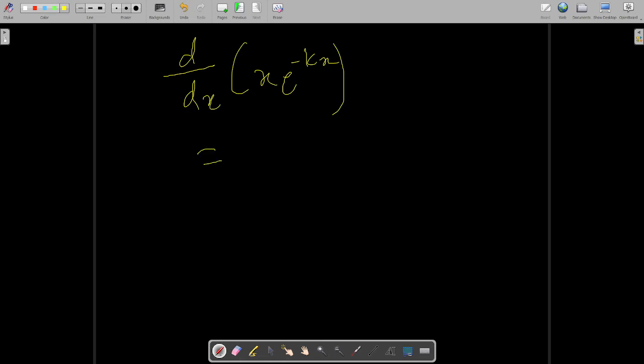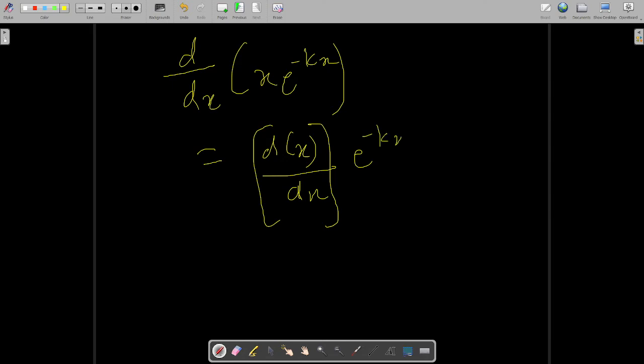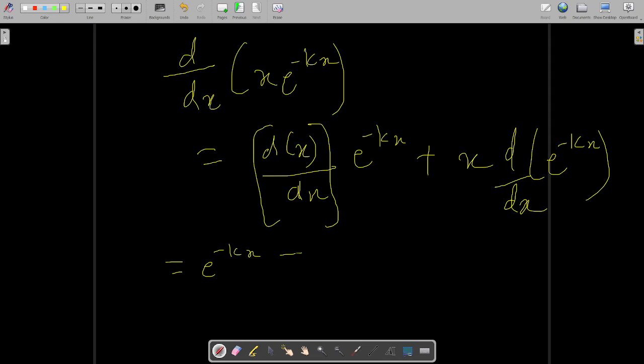So for finding single differentiation, one thing I can tell you is that it will be like this: plus x d by dx of e to the power minus kx. By the UV formula, it will basically be e to the power minus kx plus x multiplied by e to the power minus kx multiplied by d by dx of minus kx, by the application of chain rule, right?